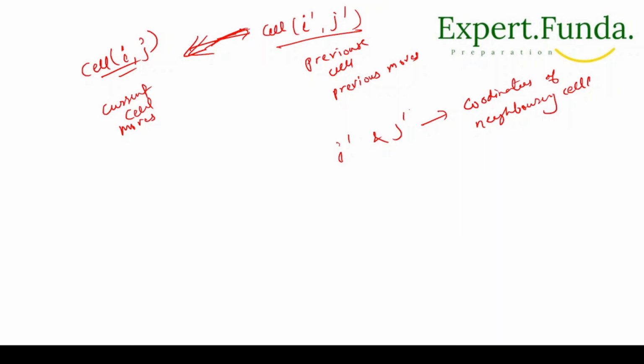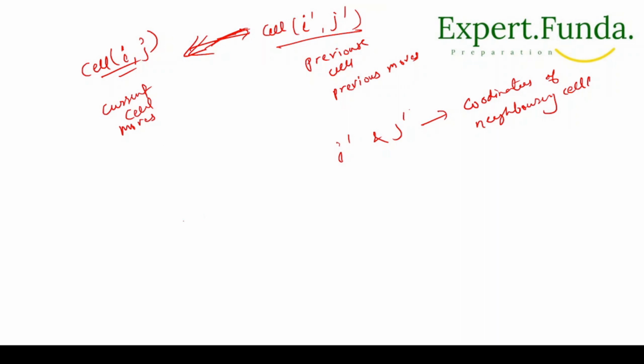For example, one possible direction is moving 2 steps vertically and 1 step to the right. So we use a list of directions to represent the possible moves.